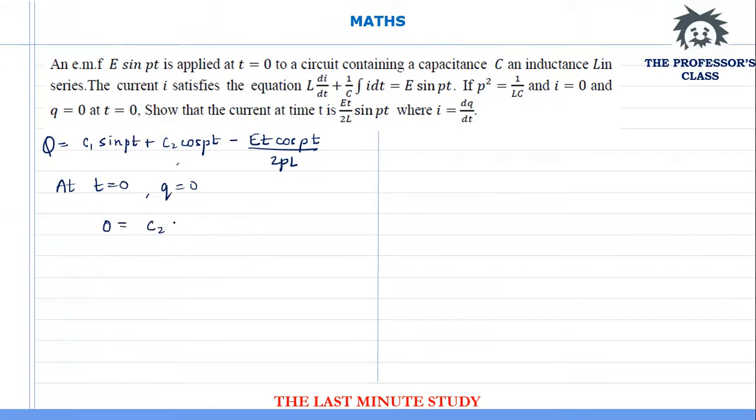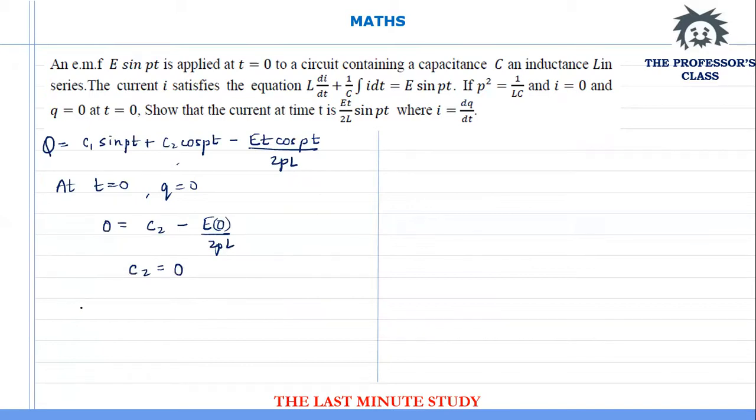Cos 0 is 1, so this is C2, and this is minus ET by 2PL. Cos 0 is again 1. So I get the value of C2 to be equal to ET by 2PL. The time is 0, so this entire thing will become 0.